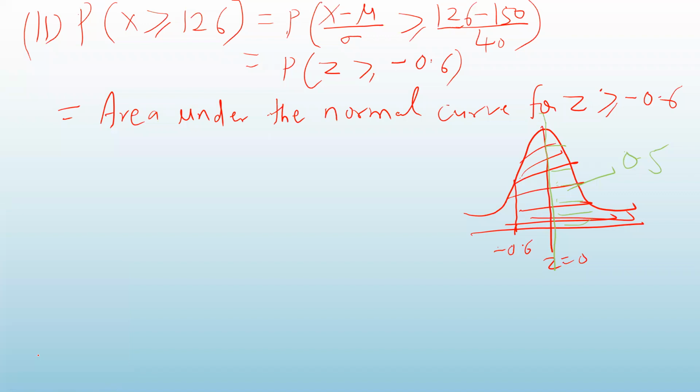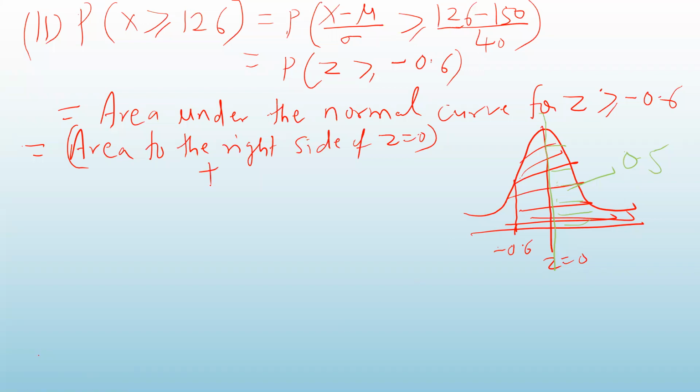So this is equal to the area to the right side of z equal to 0, the area which I have marked with green color, plus the area between z equal to 0 and z equal to minus 0.6.